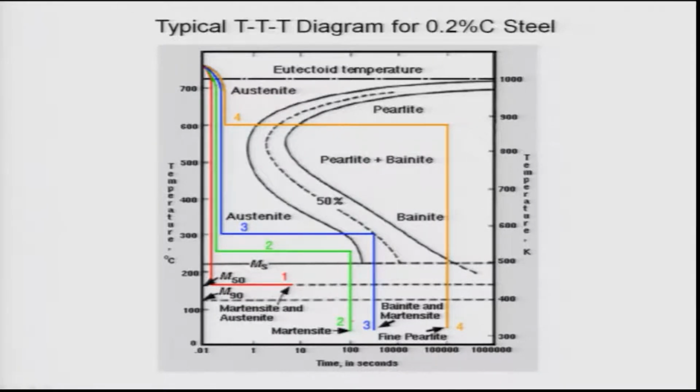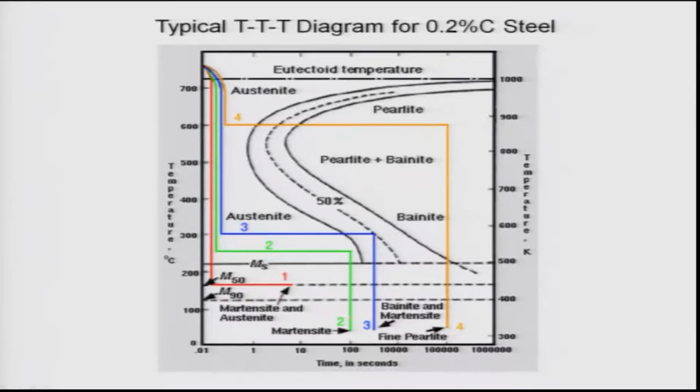The advantage is that you reduce the distortion of the sample, because quenching directly from 727 to about 30 degrees Celsius leads to a lot of thermal stress. So what is done is, you quench it to an intermediate temperature such that it does not lead to bainitic formation, and hold it there so that the temperature becomes uniform across the sample, distortion is less, and then you quench to room temperature.